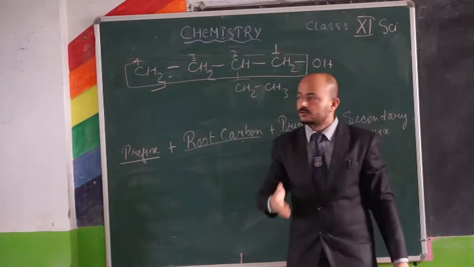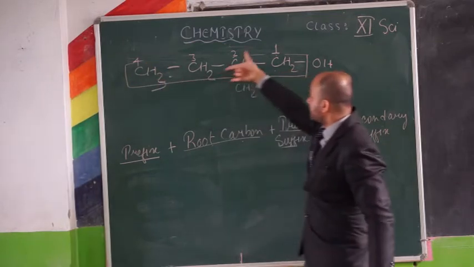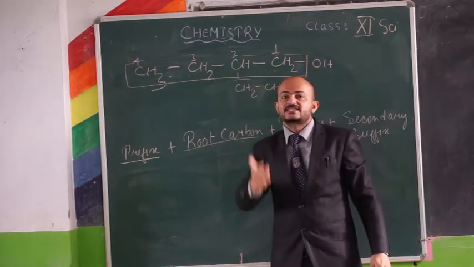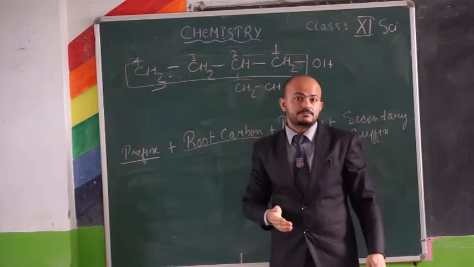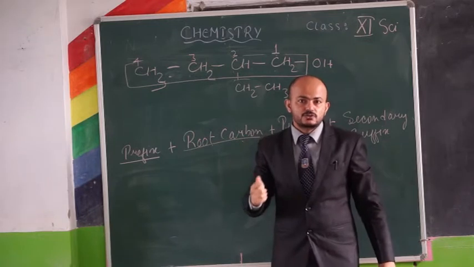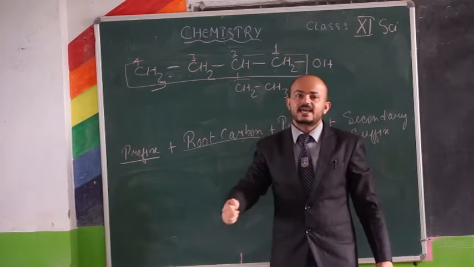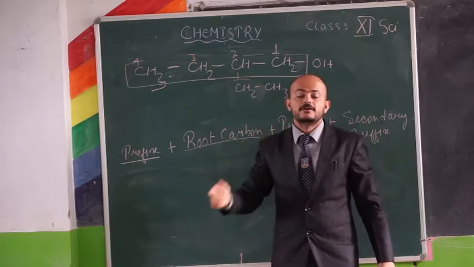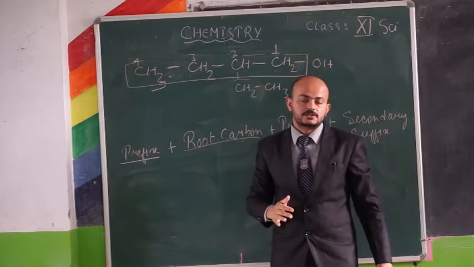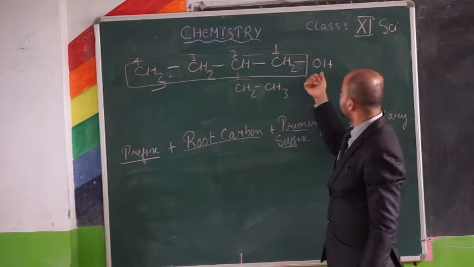Most of the students go for selecting this carbon chain and write the IUPAC name accordingly. That is absolutely wrong. Please remember, what did I say? The longest chain has to be selected only if the functional group, double bond and triple bond are absent. But here you can see that the functional group is present.